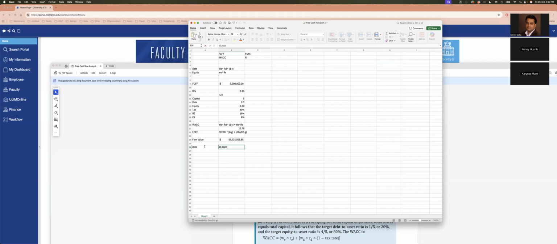So the equity value is 59 minus 10, which gives you 49 million.